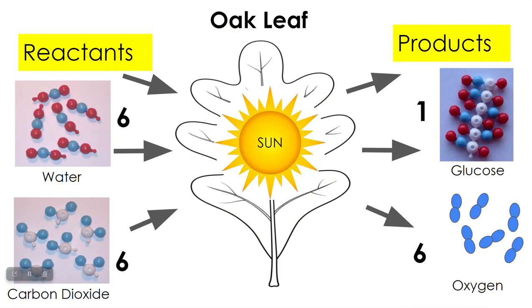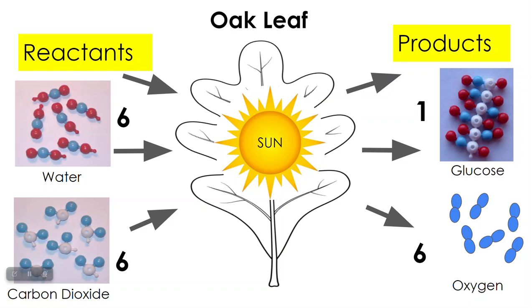All right, so last class we actually used pop beads to make our own reactants. We made 6 water molecules, and we made 6 carbon dioxide molecules. And then we pretended that we were a plant and we were exposed to the energy from the sun. So we broke apart all of our molecules. We had a whole bunch of atoms just floating around loosely on our leaf.